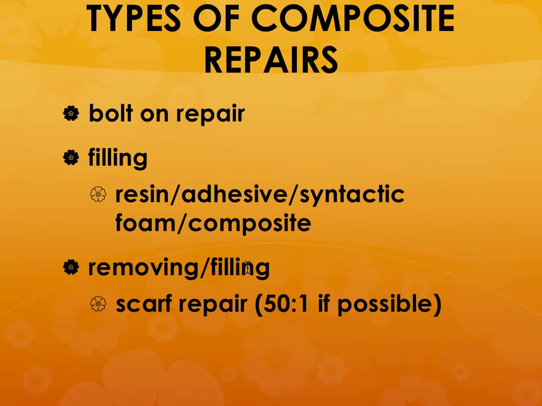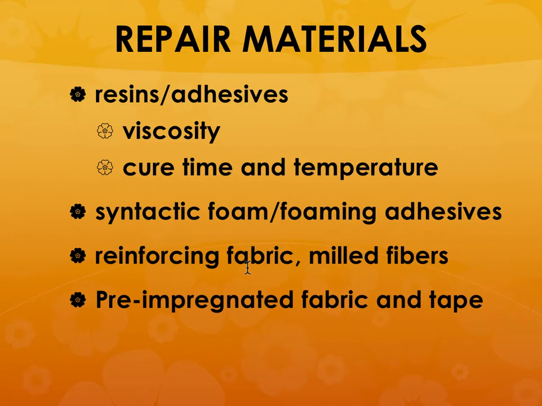So for every inch in thickness, you need to remove a total area that is 50 times that. So if it is 1 inch, you need to remove an area that is 50 inch by 50 inch in order to repair that place.